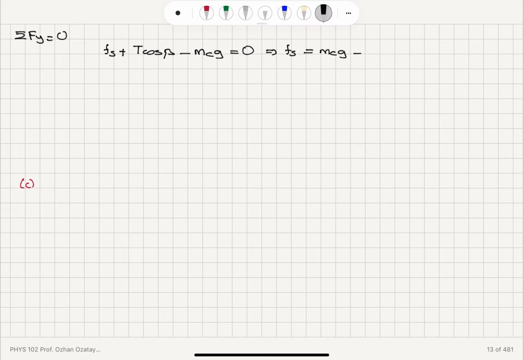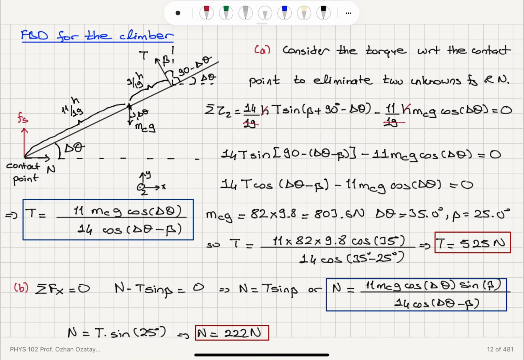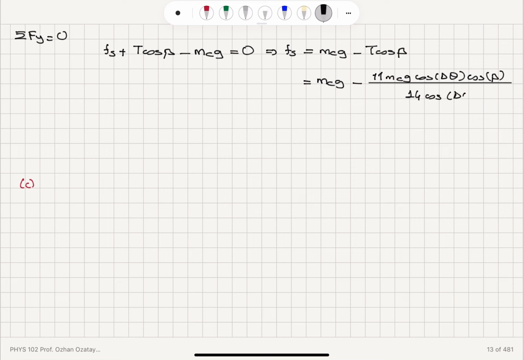So this can be rewritten as mcg minus my symbolic answer for tension, 11 mcg cosine delta theta cosine beta. So I'm substituting for the tension here. And then I have 14 cosine delta theta minus beta in the denominator.